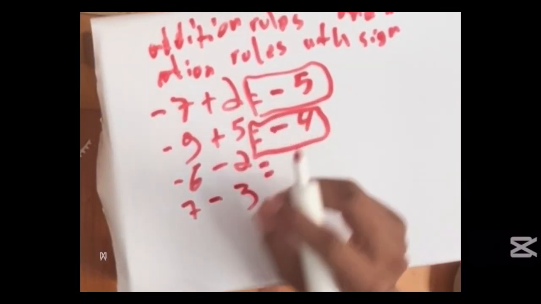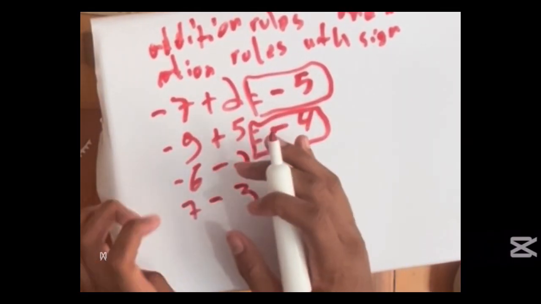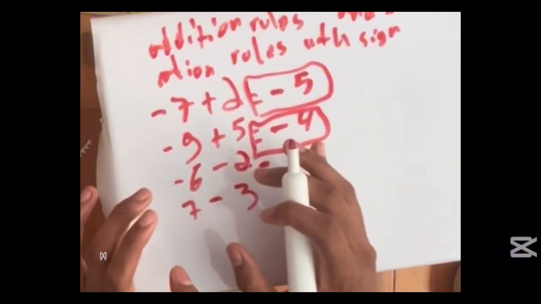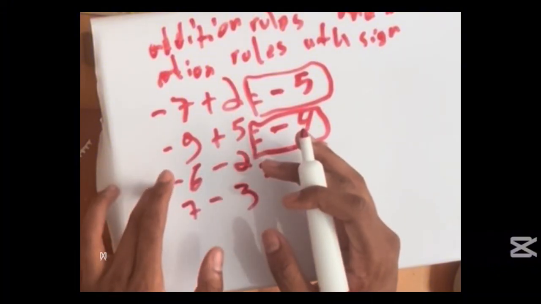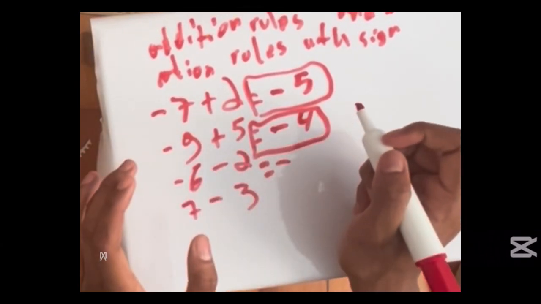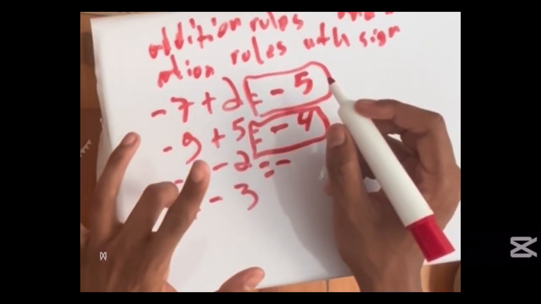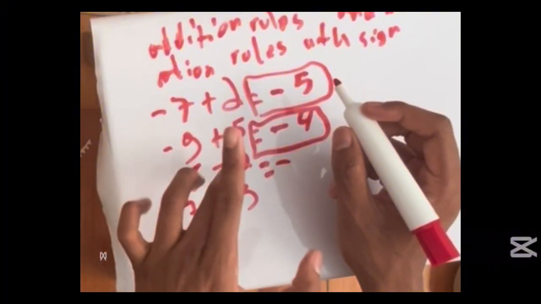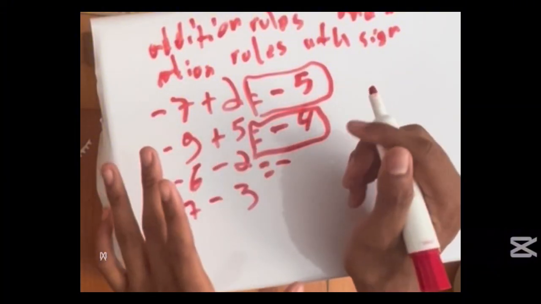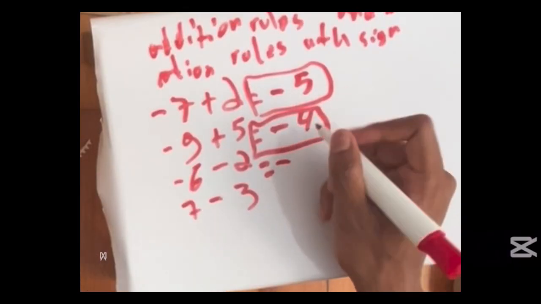And this one, remember, we said when we're adding two numbers with the same sign, we just keep the sign no matter what, and we just add these two numbers no matter what. So it's gonna be -6 plus -2, which is gonna just be 6 plus 2, and we keep the negative sign, which is gonna equal -8.